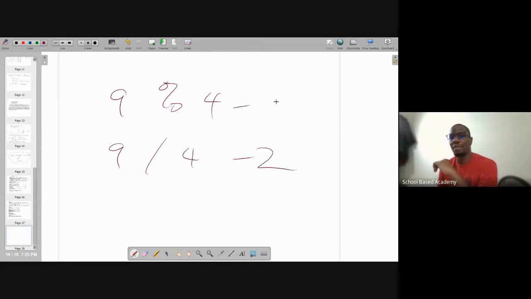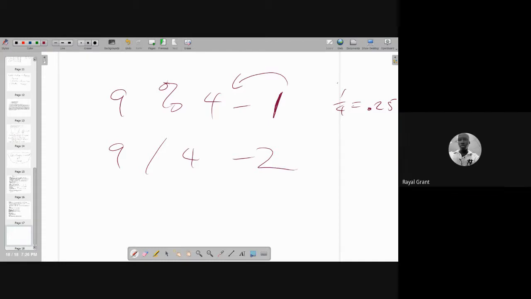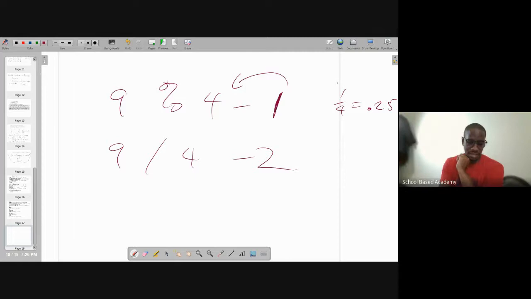This gives you the remainder, that one value there, which will be 1 over that 4, which could then be translated into that real number, 1 over 4, which is equal to 0.25. Understood? Yes, sir. All right.